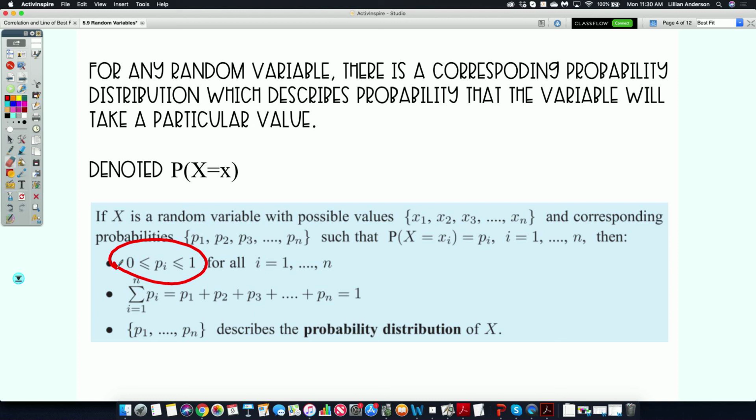If you have several different probabilities in a set, they will always add up to equal 1. Just like when we were looking at our tree diagrams, all the branches always added up to equal 1 or 100%. And when we talk about each individual probability, we're describing the probability distribution of x.